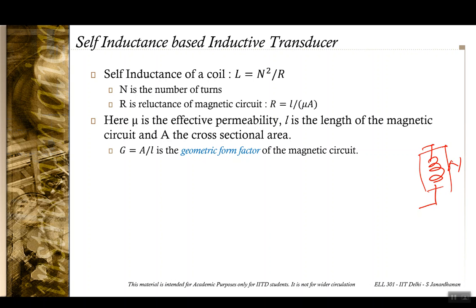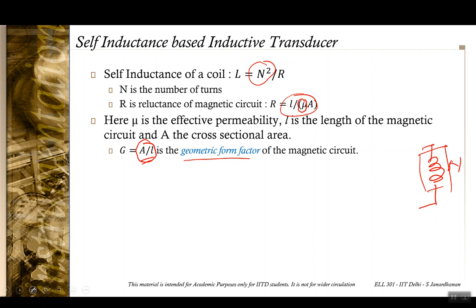And R is again given by L by mu A, where L is the length of the magnetic circuit, mu is the effective permeability of the circuit, and A is the effective cross-sectional area. If you remove the permeability, this factor A by L is called the geometric form factor of this magnetic circuit. So there is a geometric factor here, there is a factor that is dependent on the permeability of the circuit, and there is a factor that depends upon the number of turns.